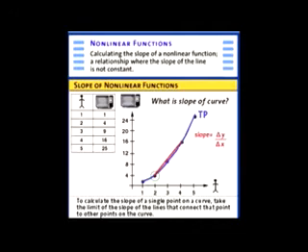Well, the change in the number of television sets is going to be 16 minus 4, which is equal to 12, and divide that by the change in the number of workers, which is 4 minus 2, and that's going to give me a slope of 12 over 2 equals 6. The slope of that line is 6.